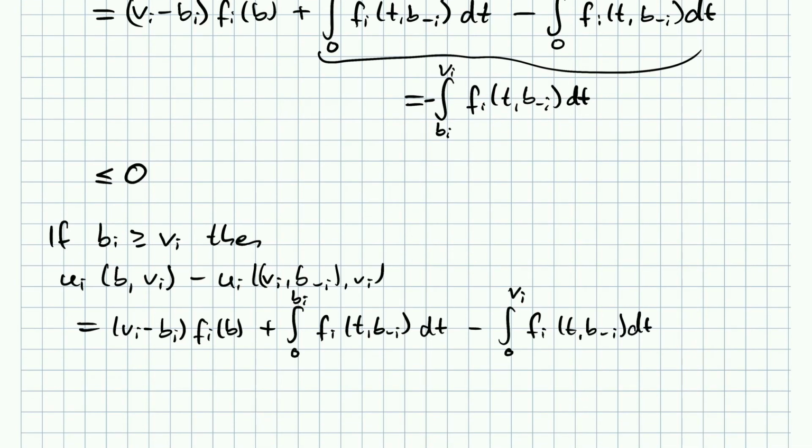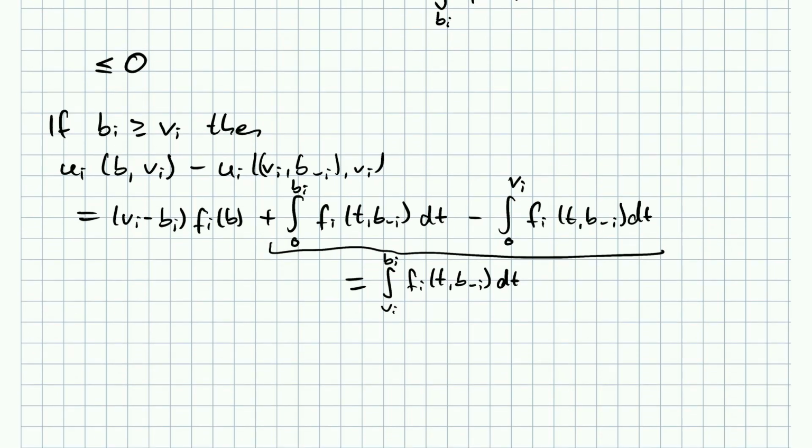And now this much here will be the integral from vi to bi of fi of (t, b minus i). But now the thing is, again, the same as before.